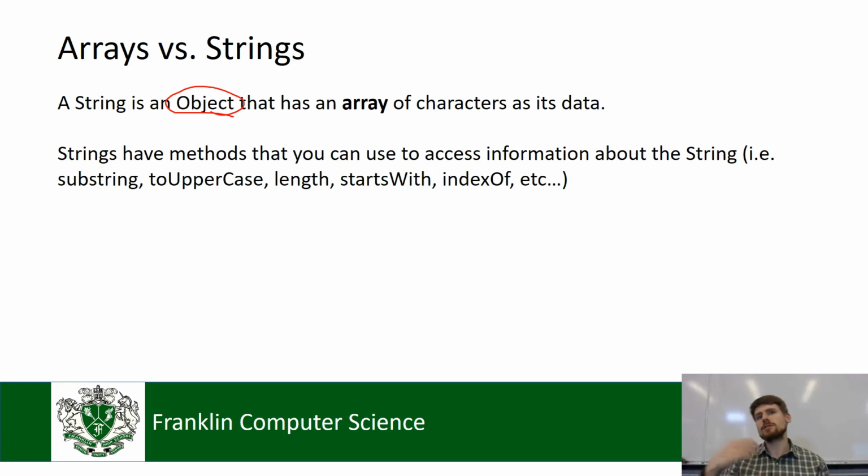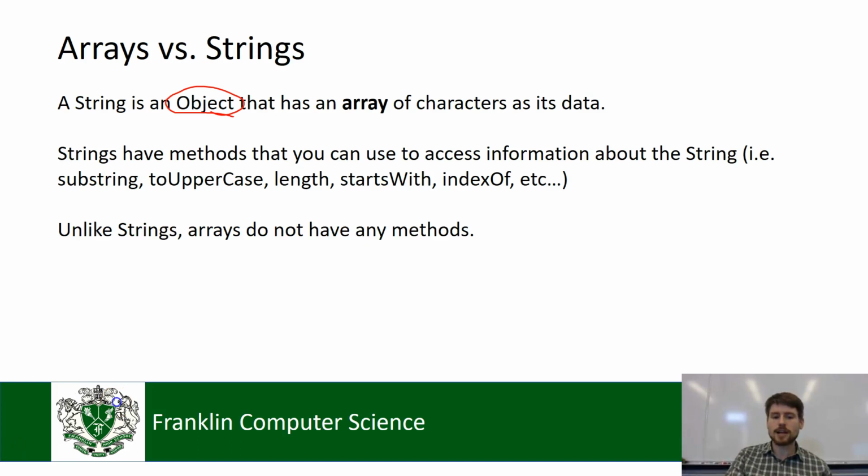It does things like sorting the array, and it can give you copies of the array, and it can do other things with the array. But it's its own special class, and it's not something that you call directly on an array the way you would with a string. So unlike strings, arrays do not have any methods, and strings have a bunch of methods.